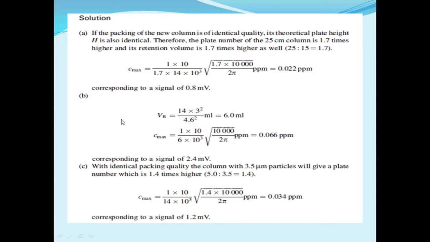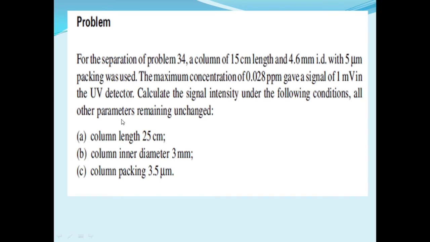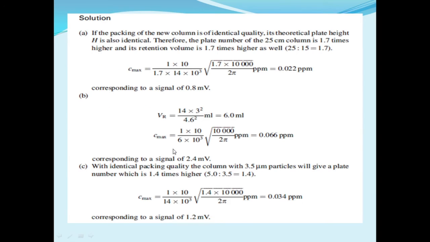Next, B: column inner diameter is 3 mm. Here we are calculating the retention volume. How to calculate retention volume? Retention volume is equal to Tr into F. Here 14 into 3 square upon 4.6 square ml is equal to 6.0 ml.